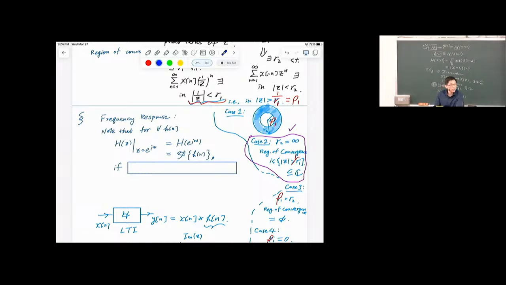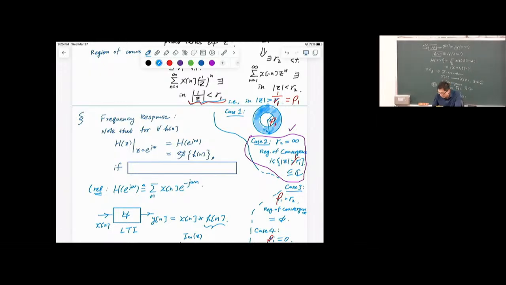Is that clear? Just as a reference, note that, recall the DTFT. In the DTFT, we have H of e to the j omega defined as what? Defined as an inner product of x of n with e to the minus j omega n, summed over all n.